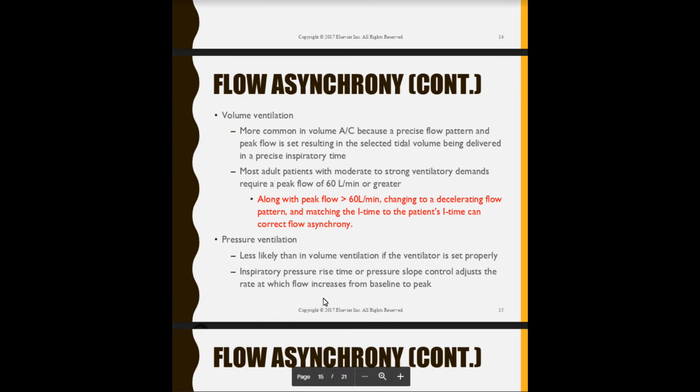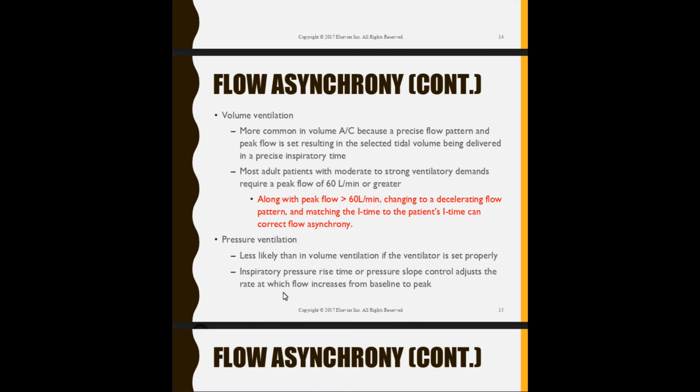Now, on pressure ventilation, it says it is less likely to happen because you're not really setting flow on pressure, but you are setting I time. It says inspiratory pressure rise time or pressure slope control adjusts the rate at which flow increases from baseline to peak. So we want to make sure that the rise time is dealing with your flow pattern.